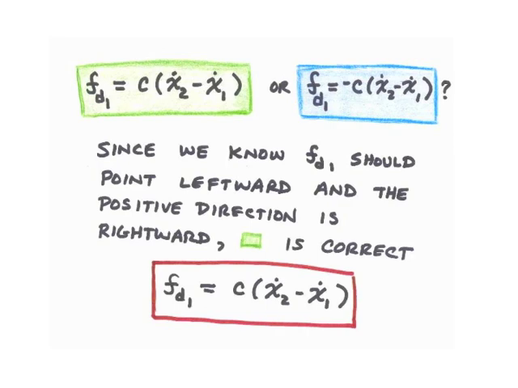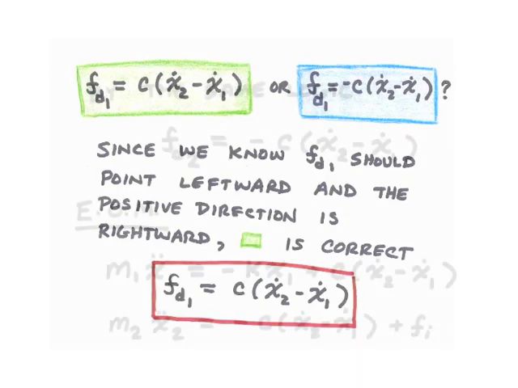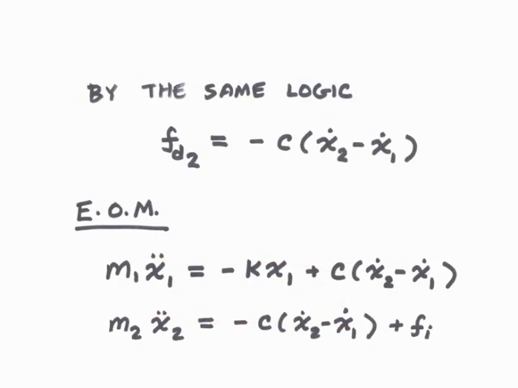So using our thought experiment, we have figured out what the relationship is between the relative velocity and the damping force on mass 1. And the correct relationship is FD1 equals c times x2 dot minus x1 dot. Using exactly the same kind of logic, we can arrive at the condition for the damper force on mass 2. And it is FD2 equals minus c times x2 dot minus x1 dot.